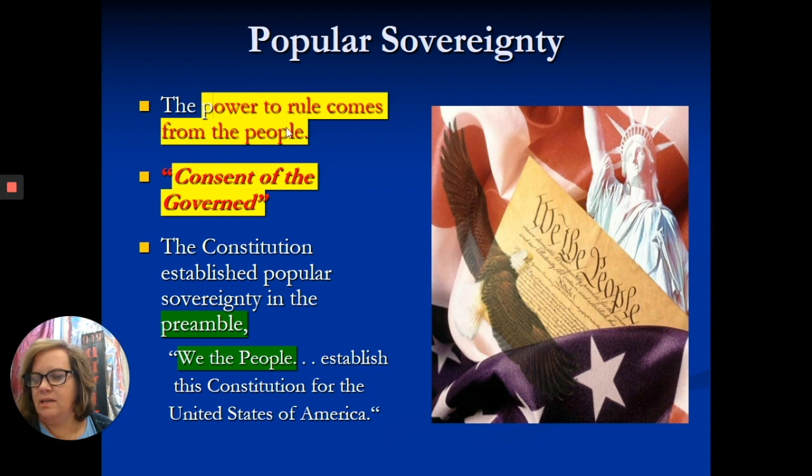And we find an example of that within our Constitution when we look at the preamble itself. So when we go back, if I were to go back a few slides to the goals, and we were to look at the very first words of the preamble, it would say, we the people, all right? So we the people is the example of popular sovereignty. And we can find it within the Constitution itself in the preamble.